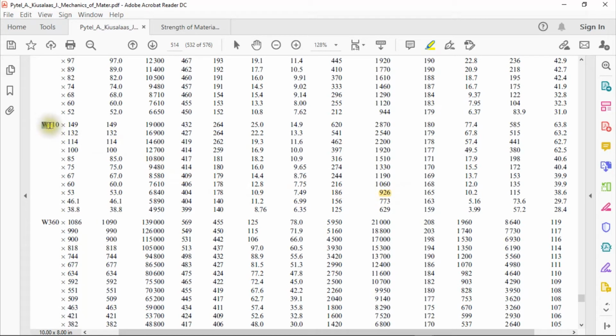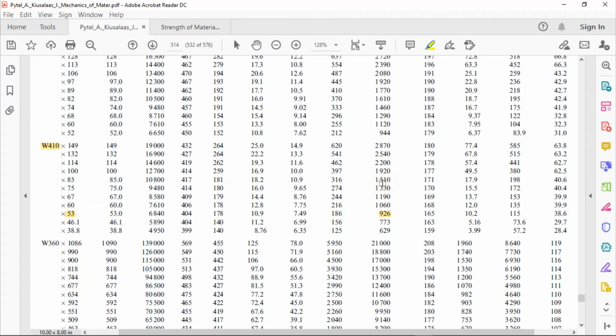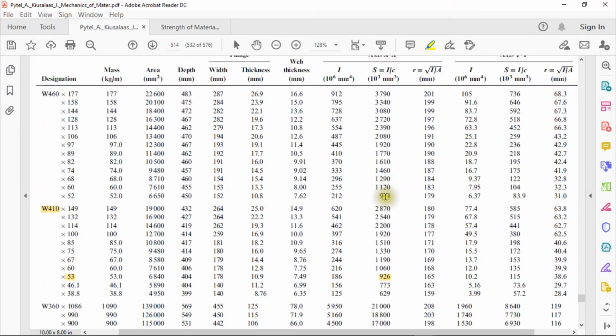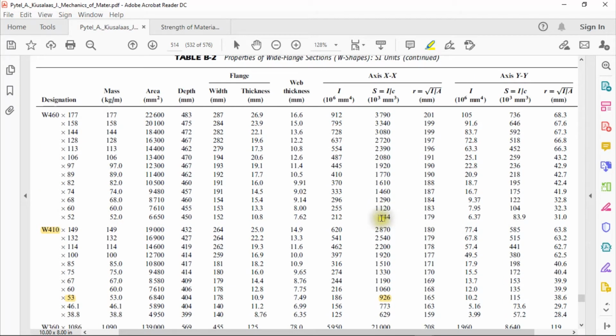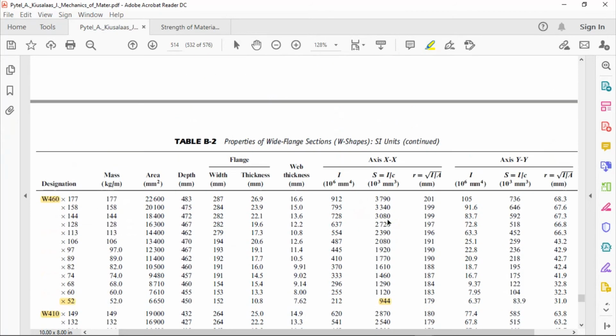So we can choose wide flange 410 by 53. Then let's go higher, let's go upward. Then we have here 944. So we have wide flange here 460 by 52, since we have a section modulus for this shape which is higher than the required S.